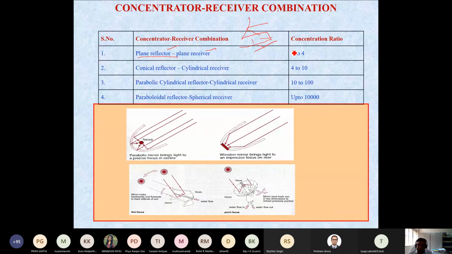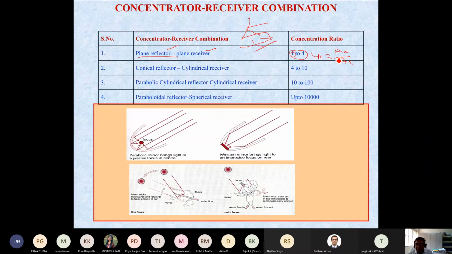Then the concentration ratio is about 1 to 4. In a simple flat plate solar collector, the concentration ratio is 1. What is this CR? CR is nothing but the area of the concentrator or reflector over the area of the receiver. So in a flat plate collector, the area of interception and the area of the receiver are the same. So the concentration ratio is 1.